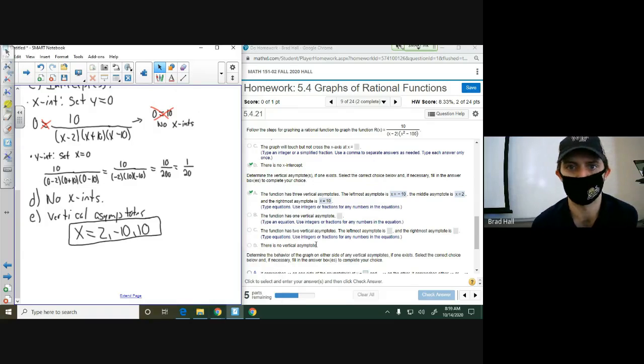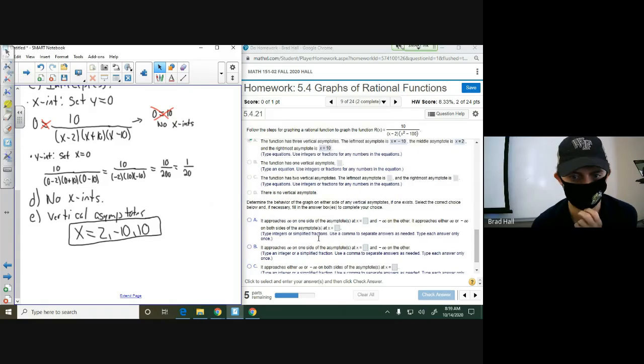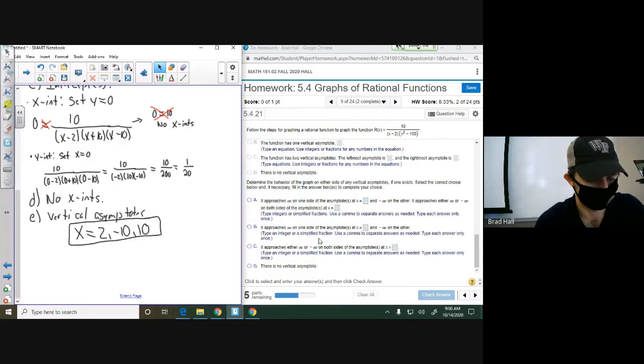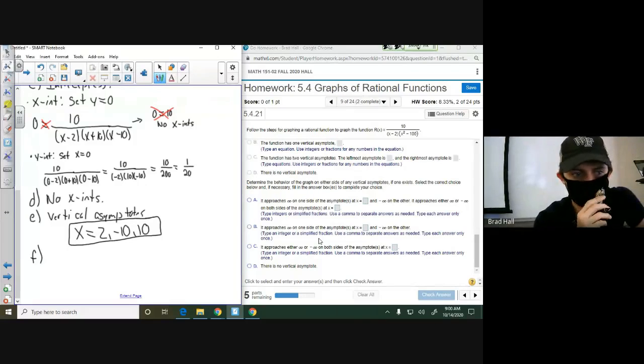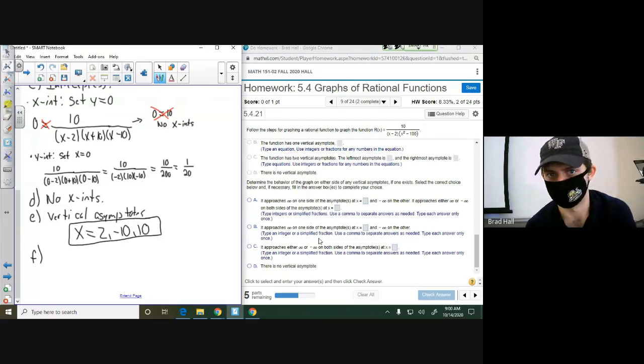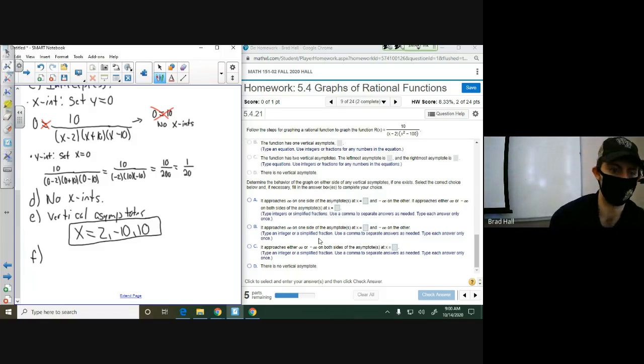Now, unfortunately, that means we need to find the behavior on the sides of the vertical asymptotes. And so what we're going to do, we're going to be plugging in a lot of numbers here for each one.